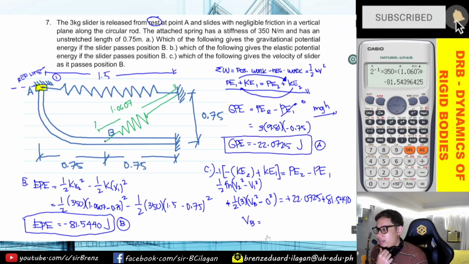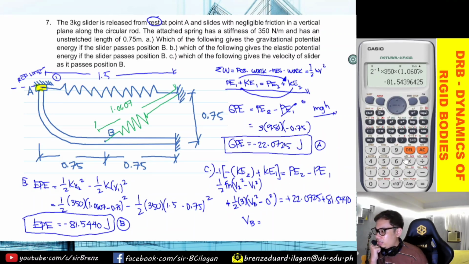So just take the sum of the GPE and EPE. So that will be, times ko lang ng negative 1 to.